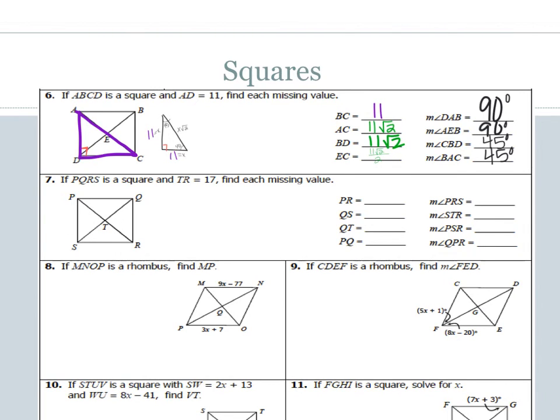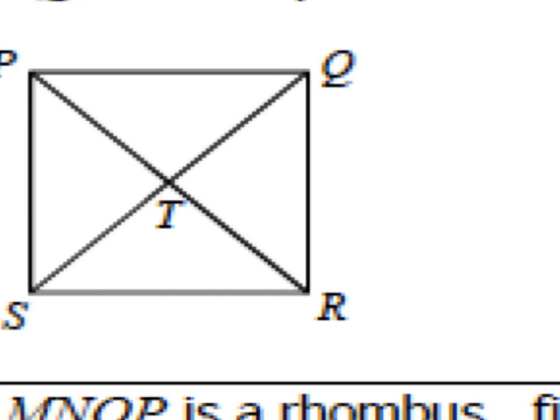Okay, so let's look at this next square, number 7. If PQRS is a square and TR is 17, find each missing value. So real quick, I know that TR is 17, which means that this whole length here is 17 times 2.